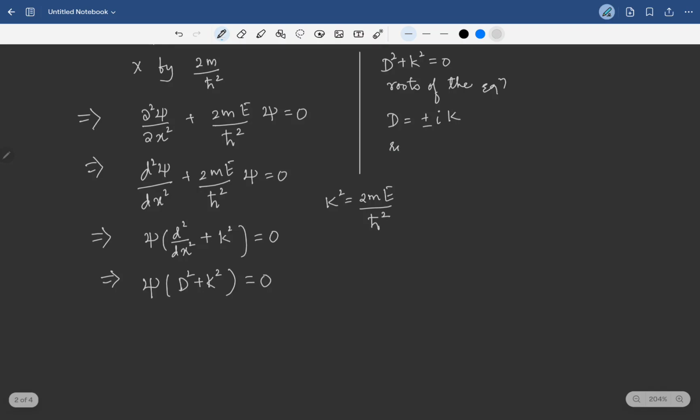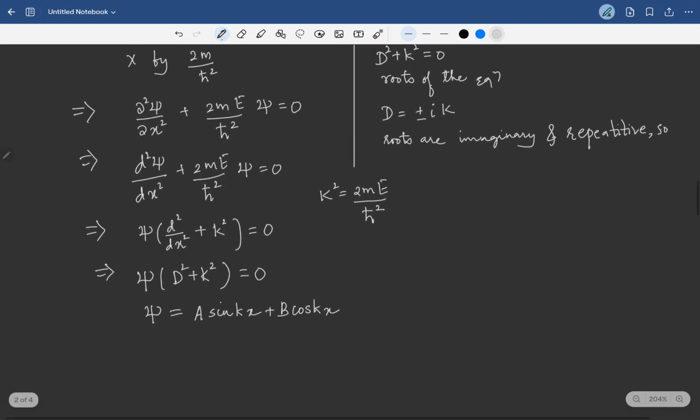The roots are imaginary and repetitive. So for such equations, the solution is given by psi is equal to A into sine kx plus B into cos kx.